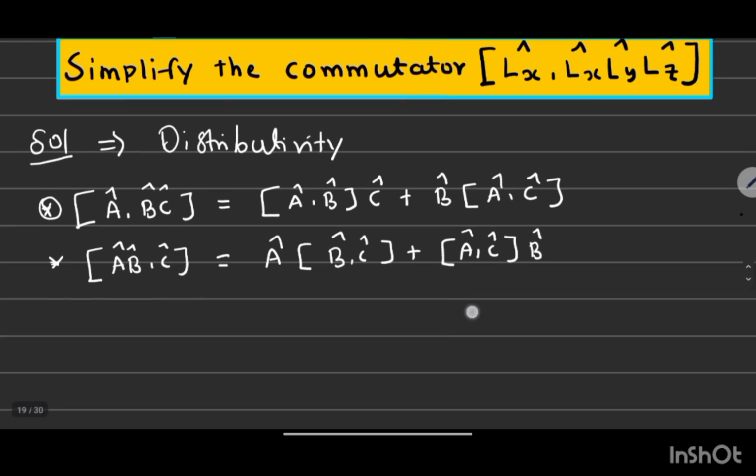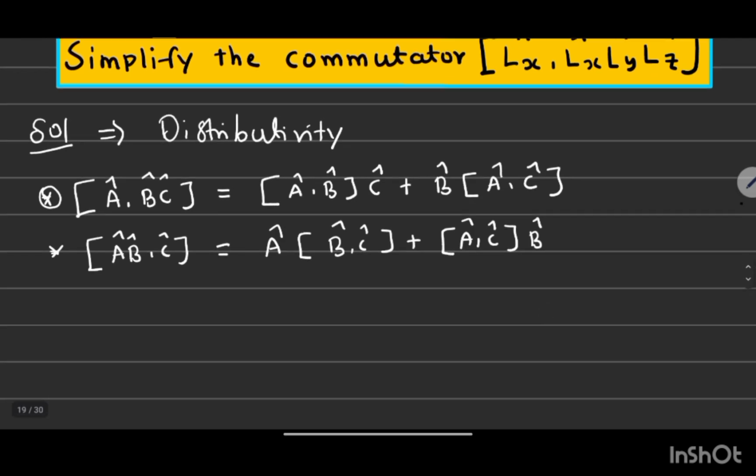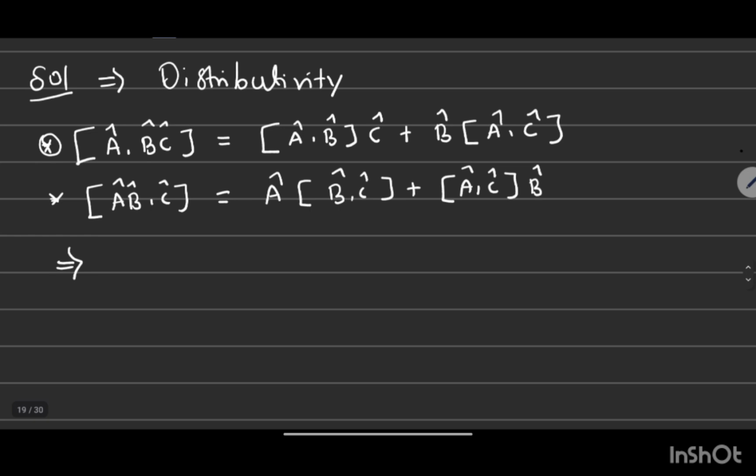The next property that you should know is the commutation relation that involves the angular momentum operators.